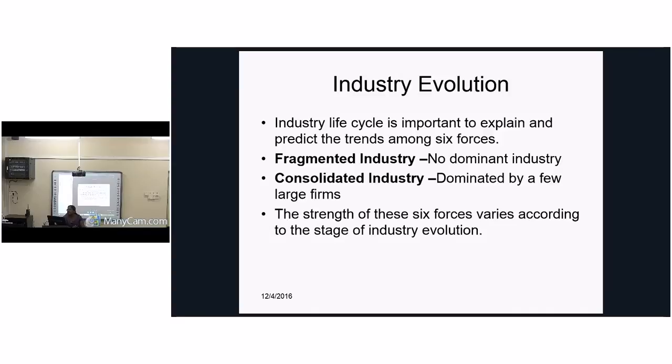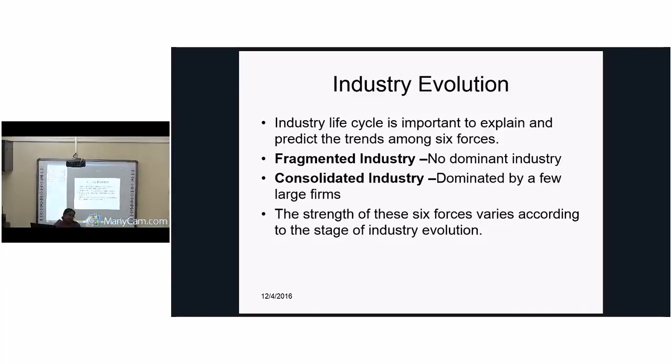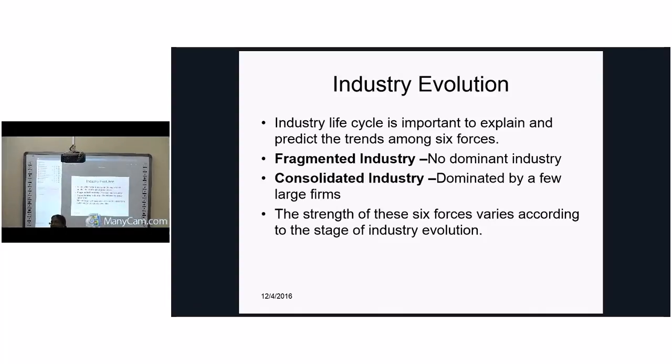A consolidated industry is dominated by a few large firms. So, it is called a consolidated industry, right?